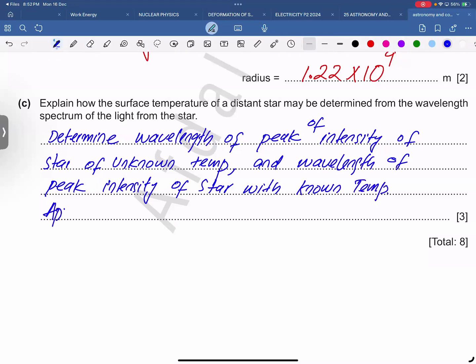Then apply what? Wien's displacement law. Yes, that's it. 1 mark for known, 1 mark for unknown, 1 mark for Wien's law. That's it. We don't have numbers, so you can just write the way you want.